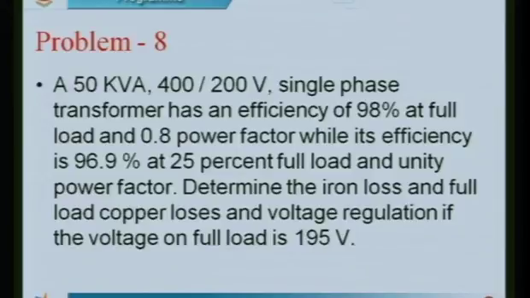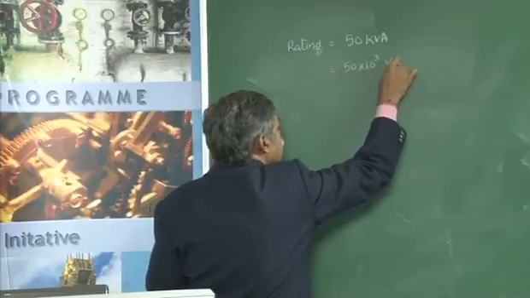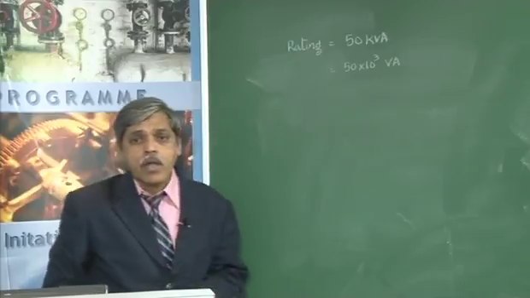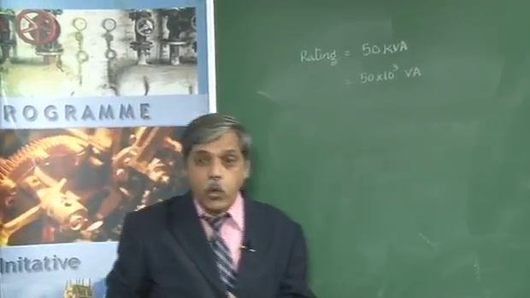So in this problem the transformer rating is given. The rating will be the same for both primary and secondary winding: 50 kilovolt amperes. Immediately we can write it down as 50 multiplied by 10 to the power of 3 volt amperes, and it has an efficiency of 98% at full load.